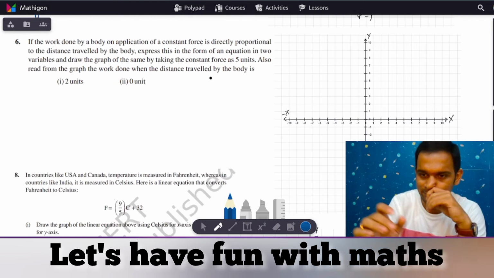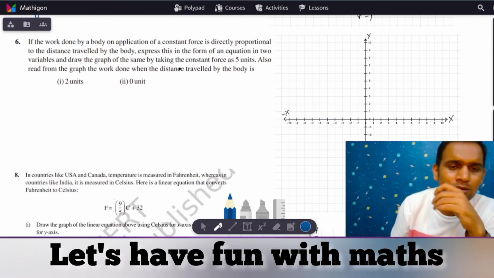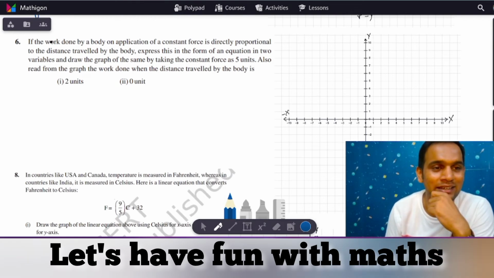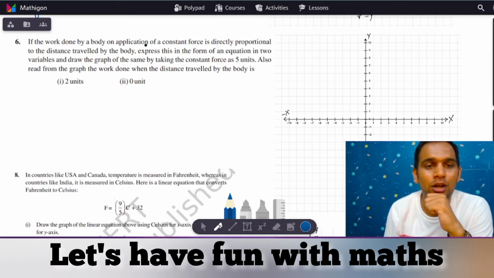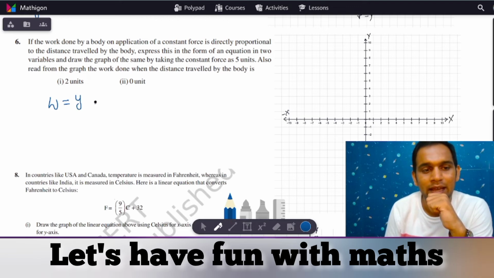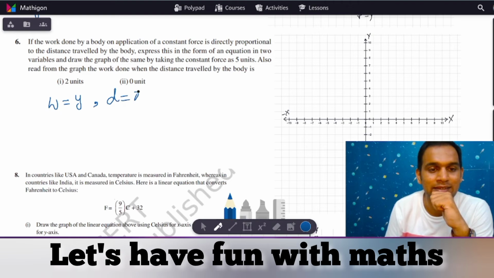The second question is a similar one, not exactly similar, but yes. The work done by a body on application of a constant force is directly proportional to the distance traveled by the body. So let's take work done as y, and the distance traveled as x.